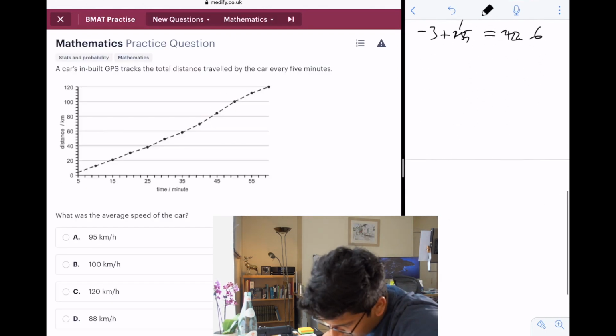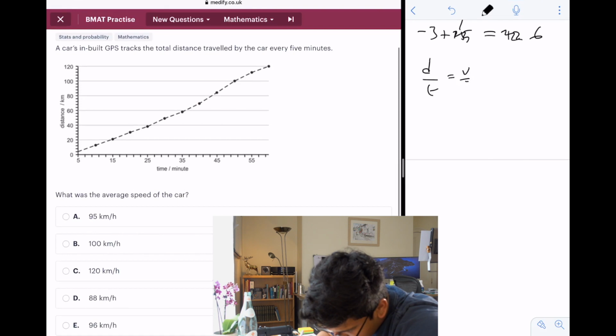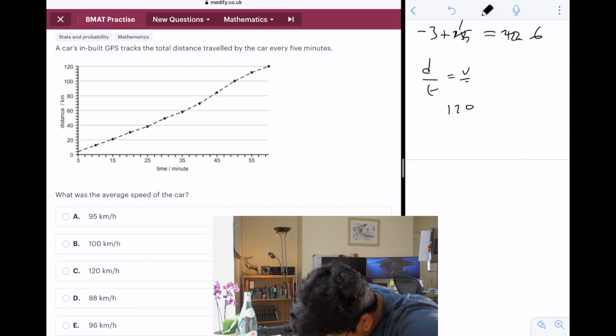A car's inbuilt GPS has total distance tracked. Cool, that's the distance time graph, so the gradient is velocity. What's the average speed of the car? Great. So I'm just going to do the total distance divided by time. So that's sort of 60 minutes, I think. Not exactly.